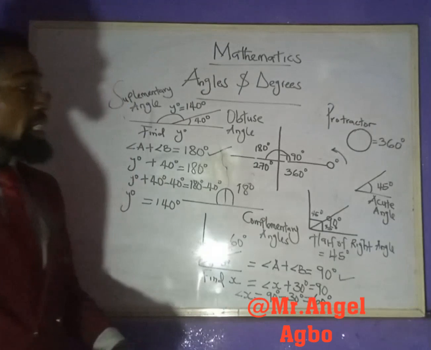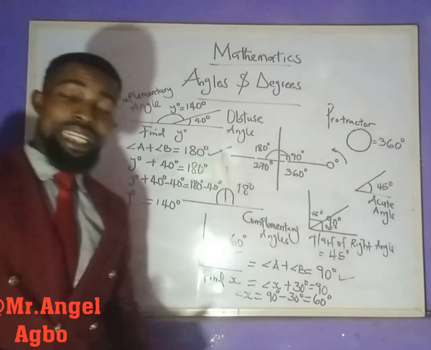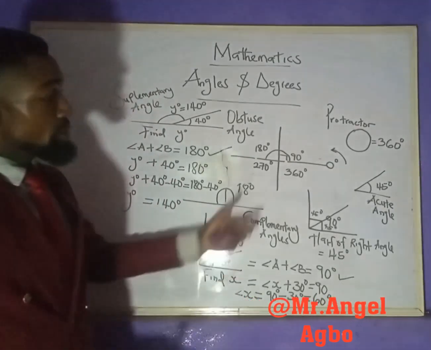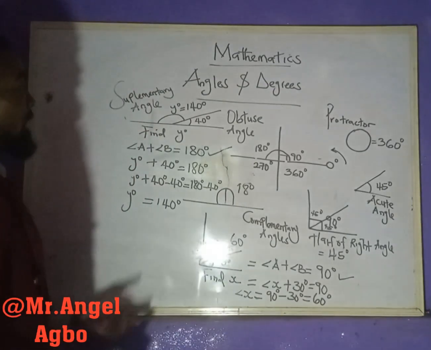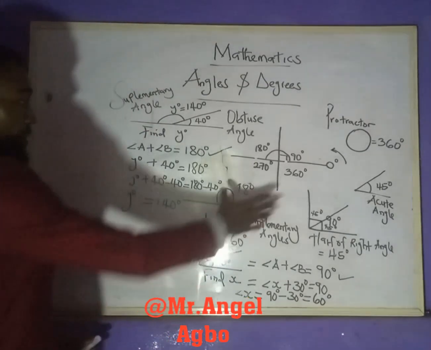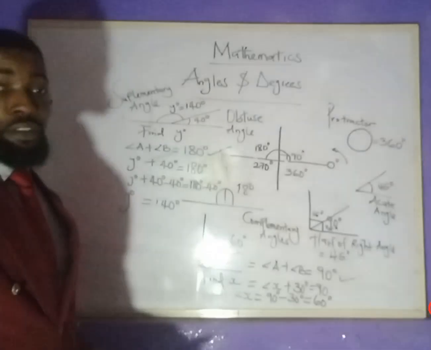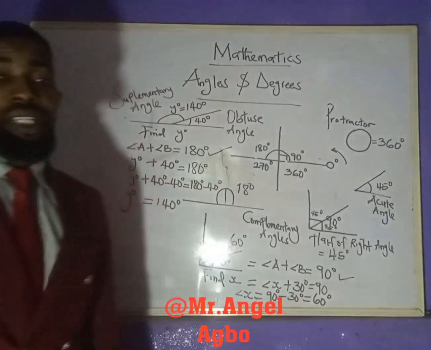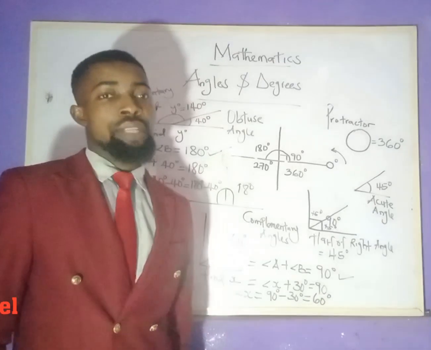So it's very easy. We started from 0 degrees, 0 to 90, 90 to 180, 180 to 270, and 270 to 360. We can also generate a formula and calculate the one for 360 and 270 the same way we did for the complementary and supplementary angles.